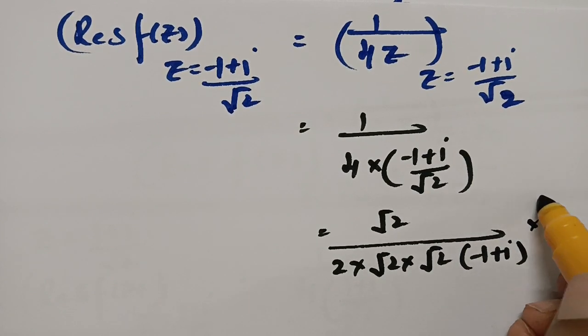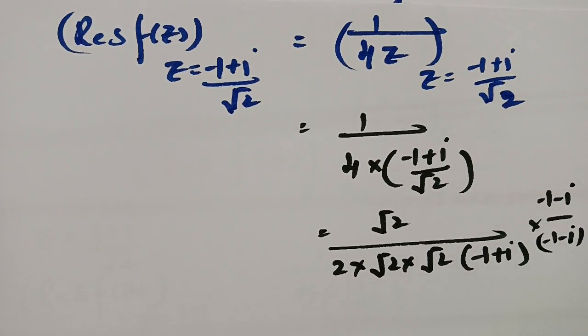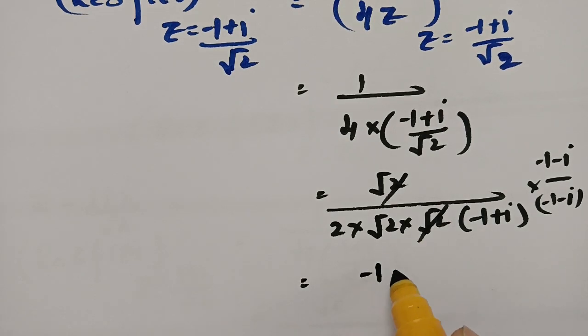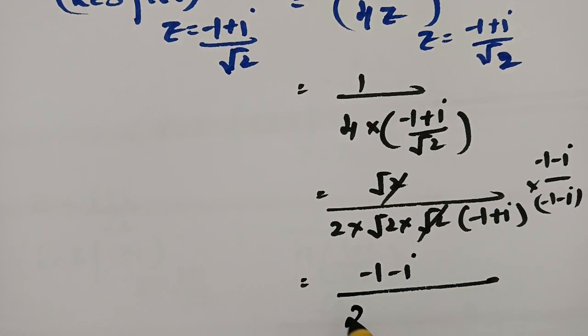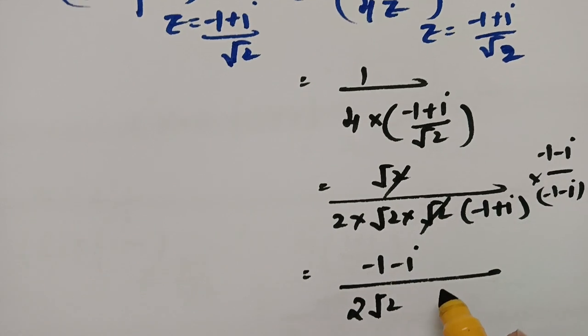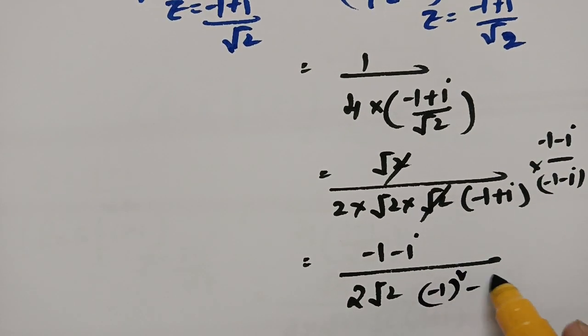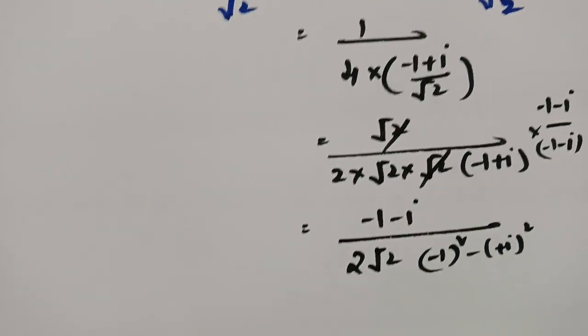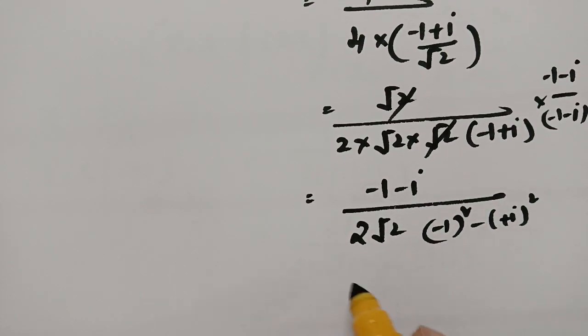If I rationalize this, multiplying by minus 1 minus i, and cancel this root 2, this will be (minus 1 minus i) by 2 root 2, and a plus b into a minus b will be a square minus b square. So this will be 1 plus 1, again this is 2.